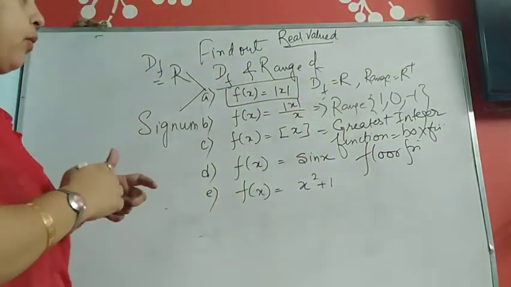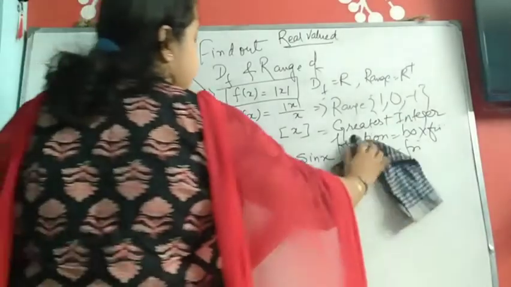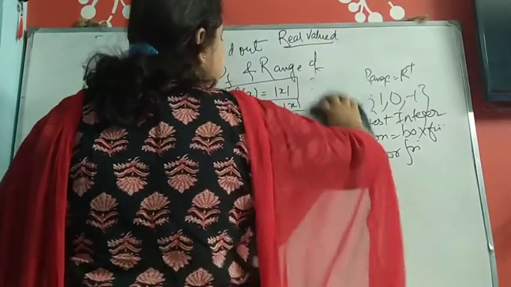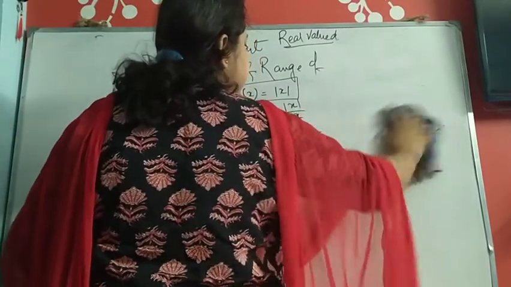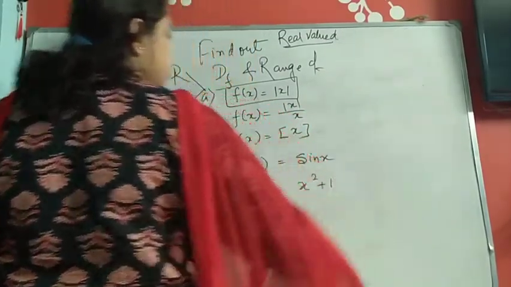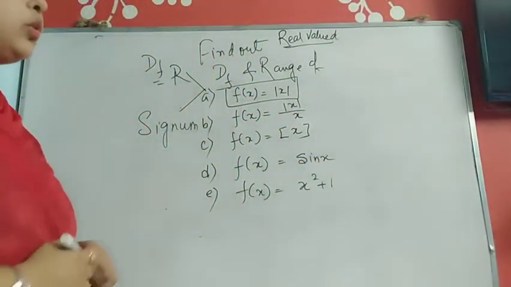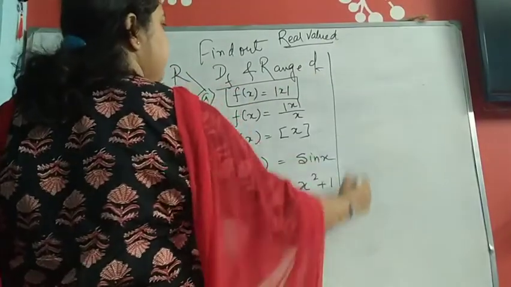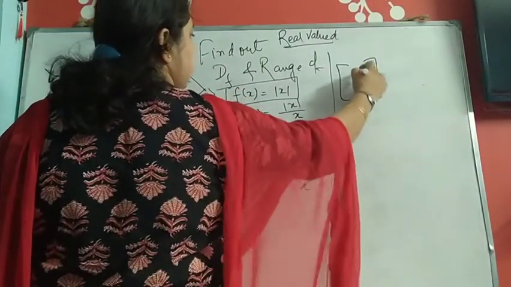So what is the behavior of the greatest integer function? What does it do? Its action occurs whenever we put any non-integral value inside the box function.